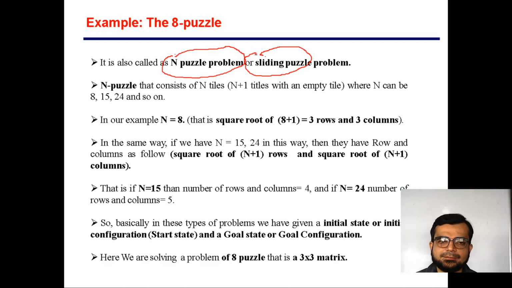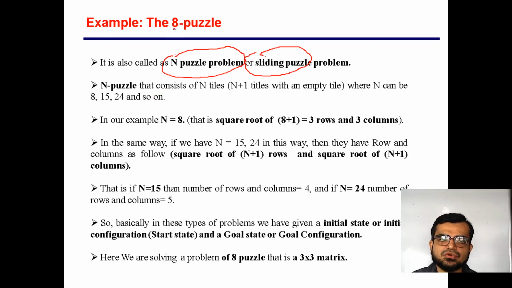Why am I calling it n puzzle, and why not a static number like 8? Because the n puzzle problem you can solve using either 8, 15 or 24. So now we'll see what this n puzzle problem is. Here n represents the number of tiles.